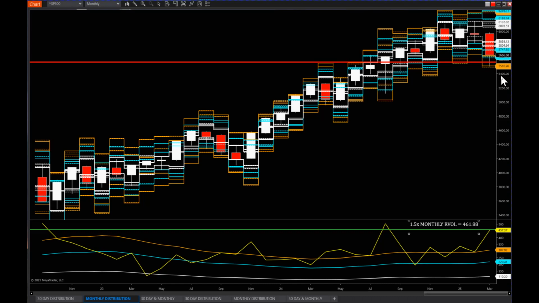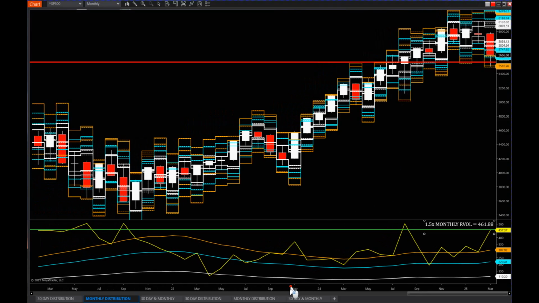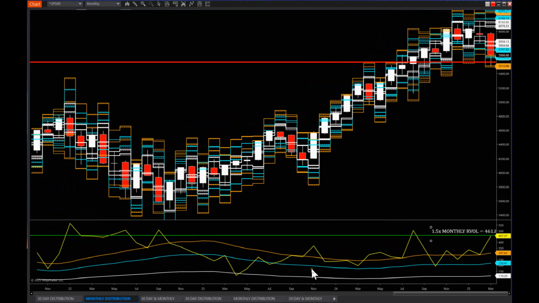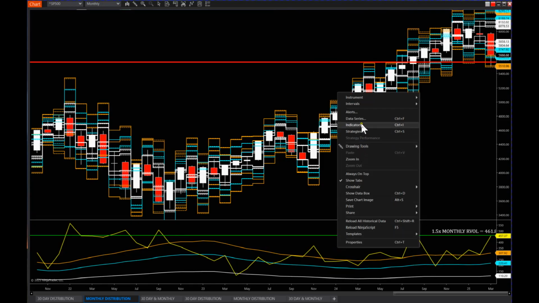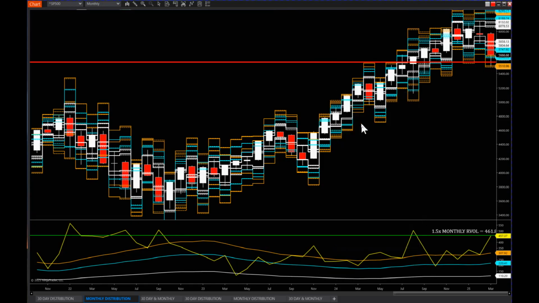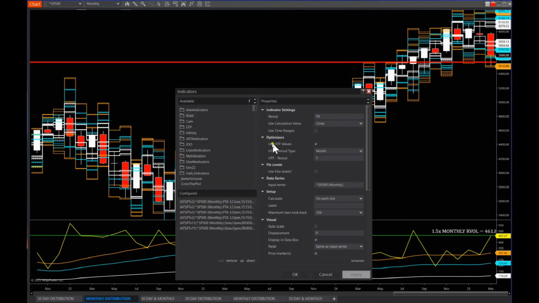A monthly would go to a monthly, and you can write your term structure out also to the weekly and monthly ranges. So here is the monthly 1, 2, 3 for the 14 period. You can add the monthly 1, 2, 3 on a 1 period to mimic that R vol daily range action.